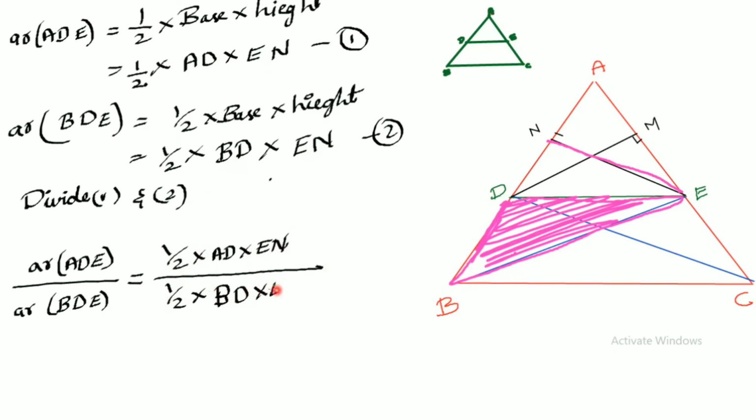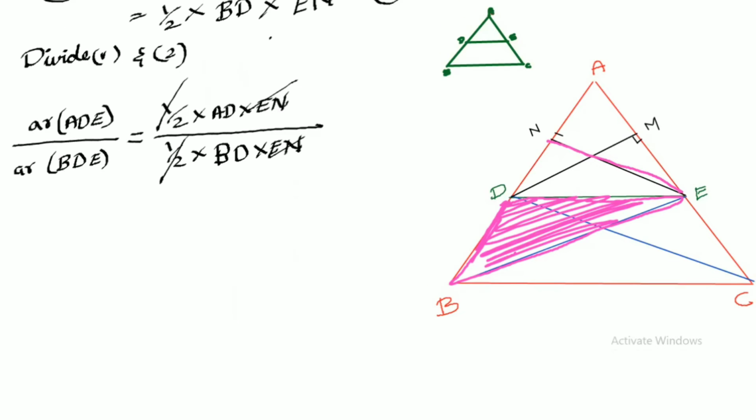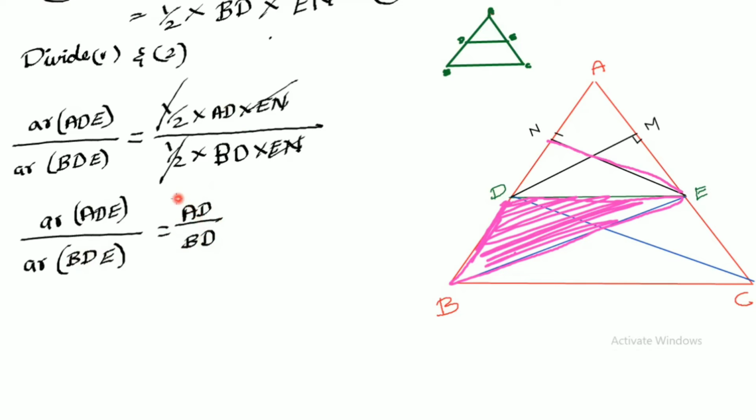Cancel, cancel. So we got area of ADE divided by area of BDE is equal to AD by BD. Let me call this equation 3, or equation A.